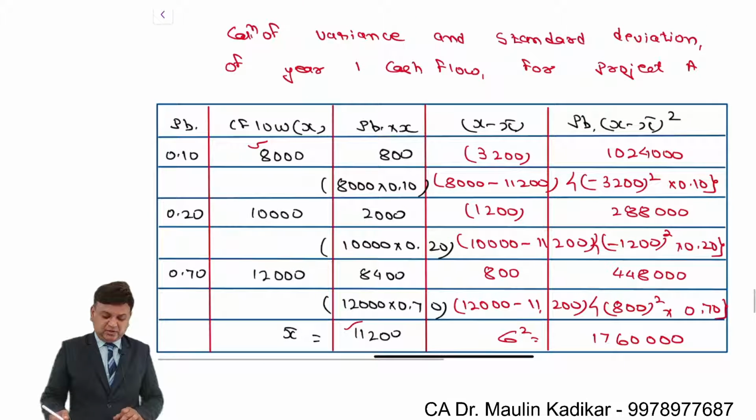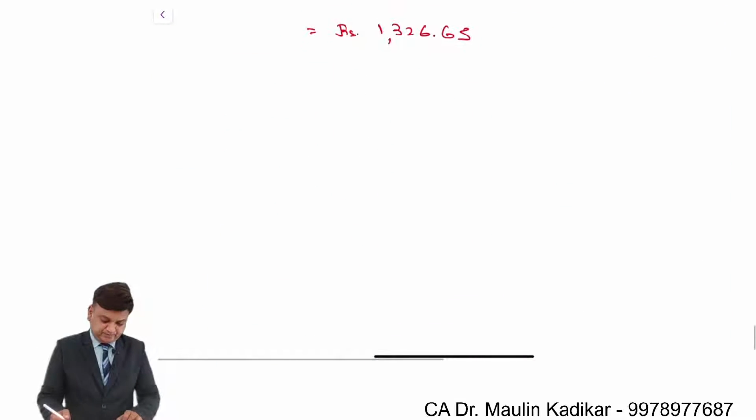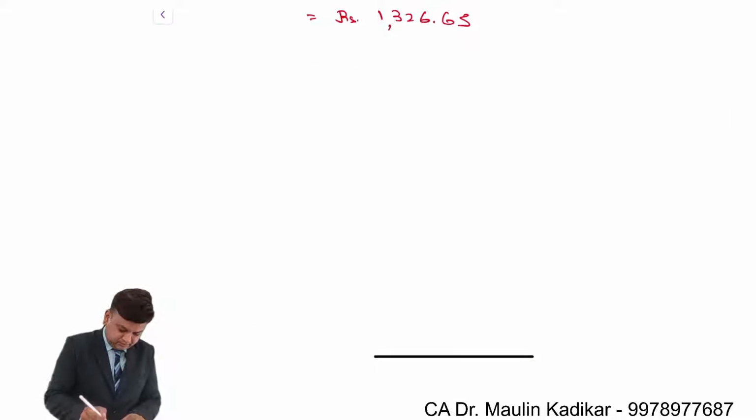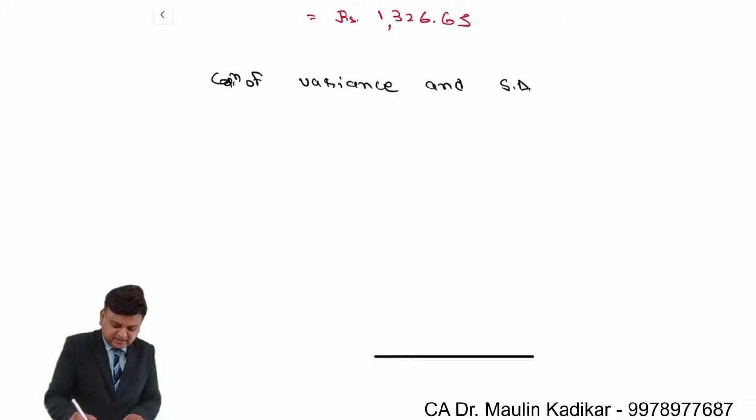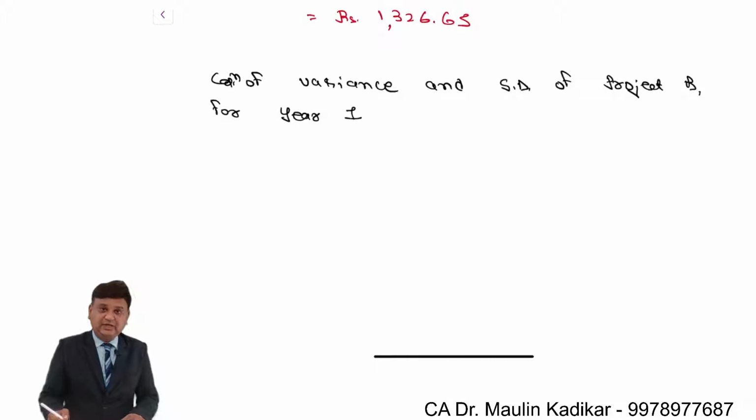Whatever we have done for A project, the same thing we are required to do for B project. So heading, write down: calculation of variance and standard deviation of project B, comma, for year 1.